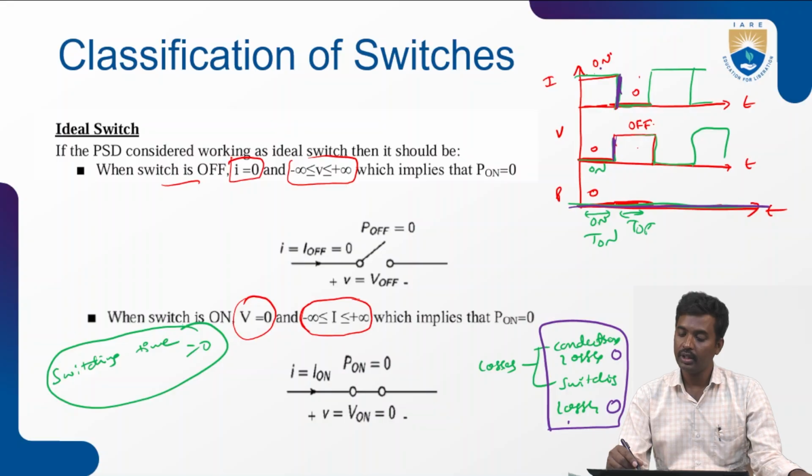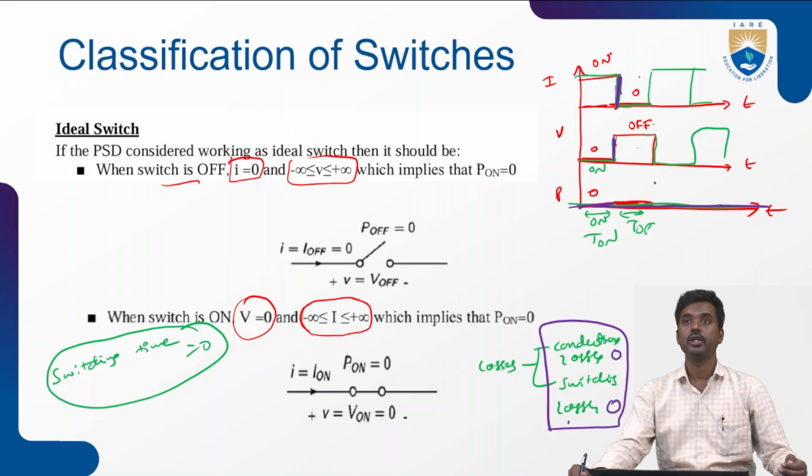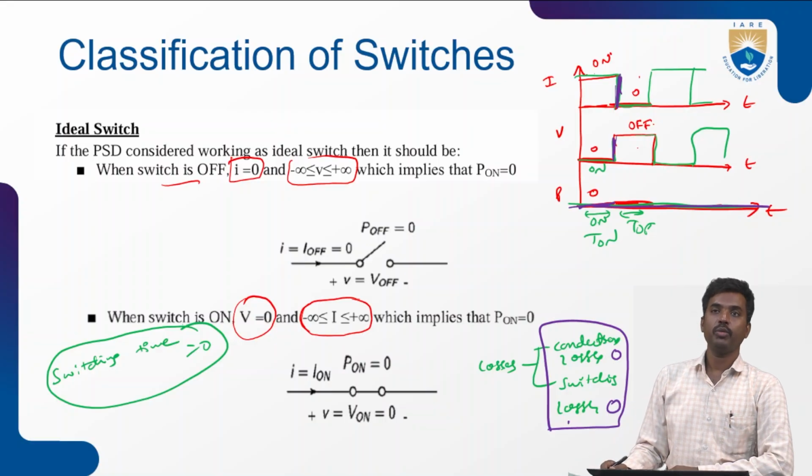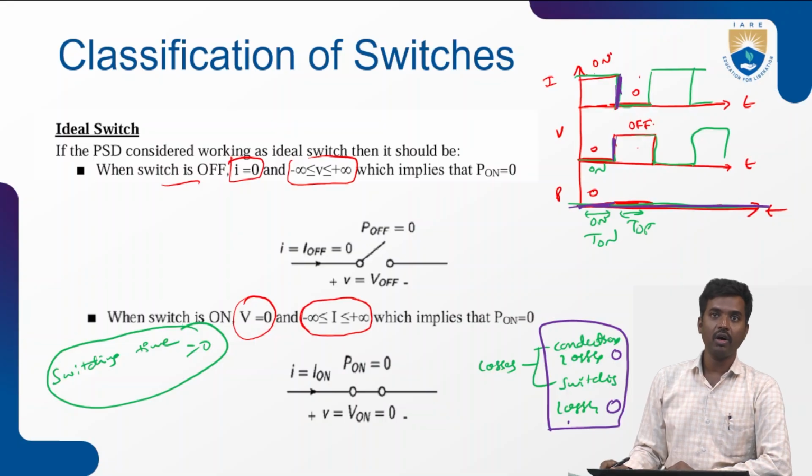The time taken to change the switch from the on state to the off state or off to on is 0. Because of this 0 switching time, there is no switching loss.